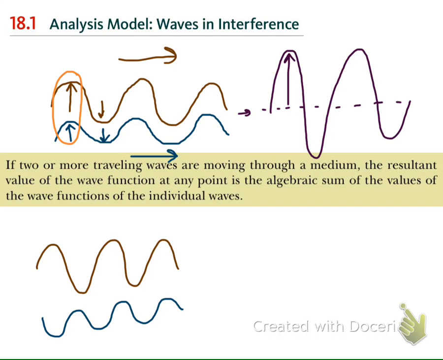At this instant, for the first wave the displacement goes up, but for the second wave the displacement goes down at this position. And if you look at this position, the displacement of the second wave goes up, but the displacement for the first wave goes down.